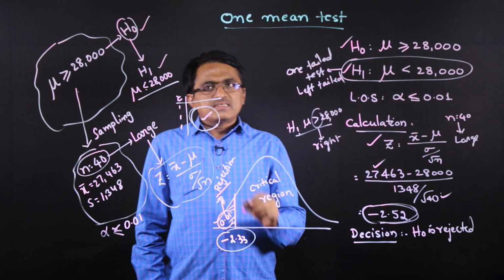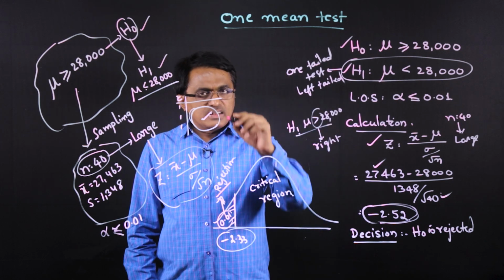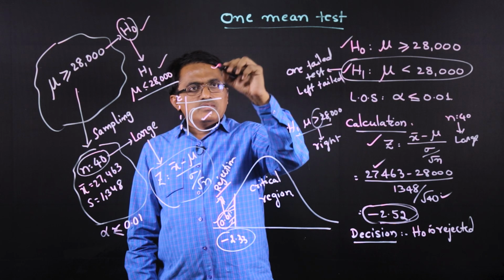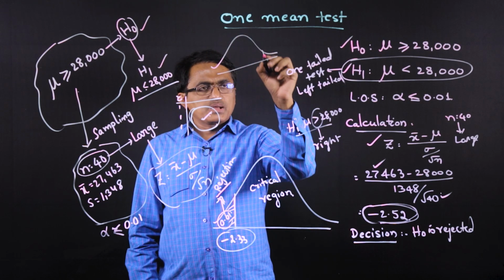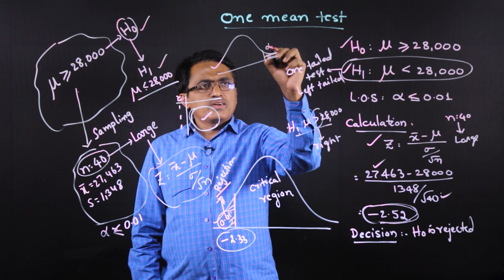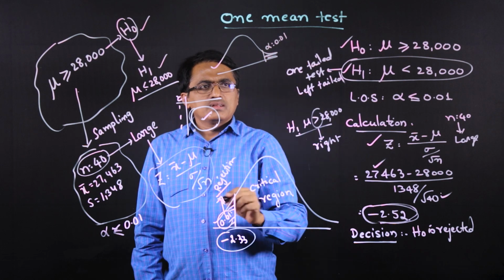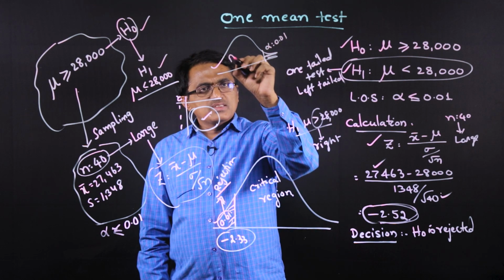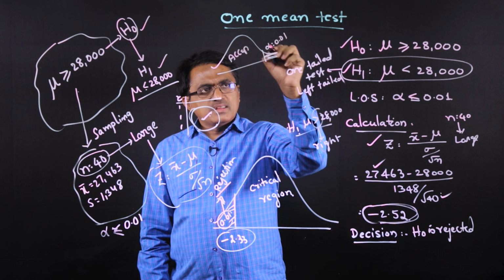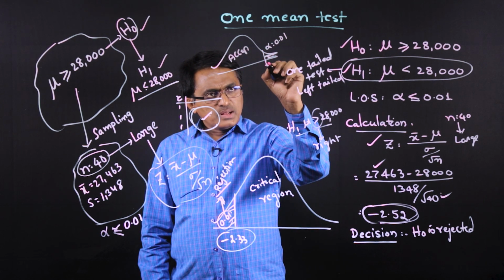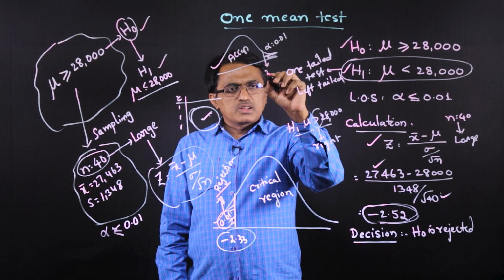If it is a right tail test, then the critical region becomes like this, where we see alpha equal to 0.01, right. So this is the region of acceptance and this is the region of rejection. Now in a similar fashion, we have to see what the corresponding value is.